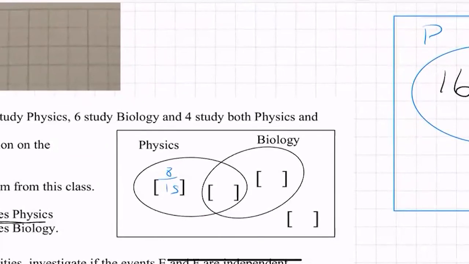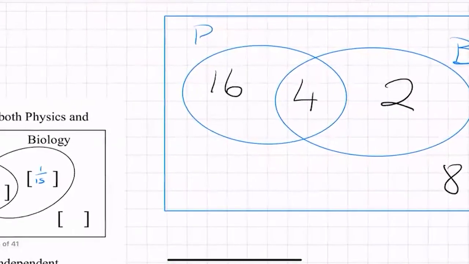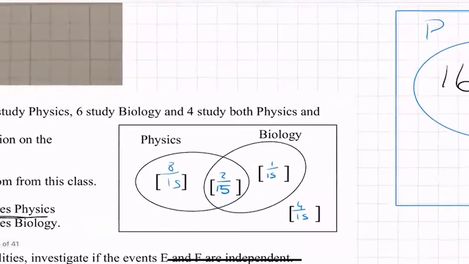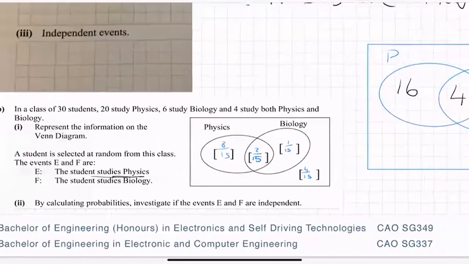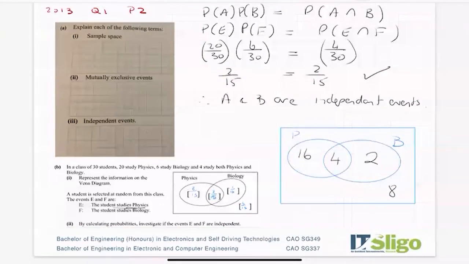The 4 in the middle breaks down to 2 over 15. We know that one already. And then these two people here is 2 out of 30, which would be 1 over 15. And then the 8 over 30 would break down to 4 over 15. Okay, so you could write it like that, which is the probabilities of them doing them. I don't think it would have mattered in this question which way you went in doing it.